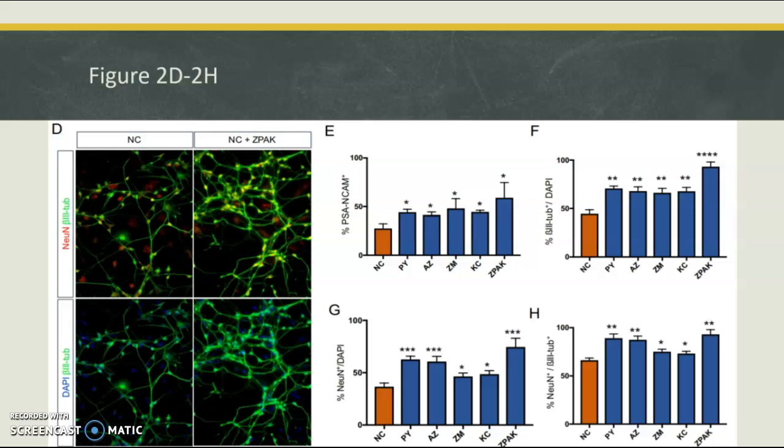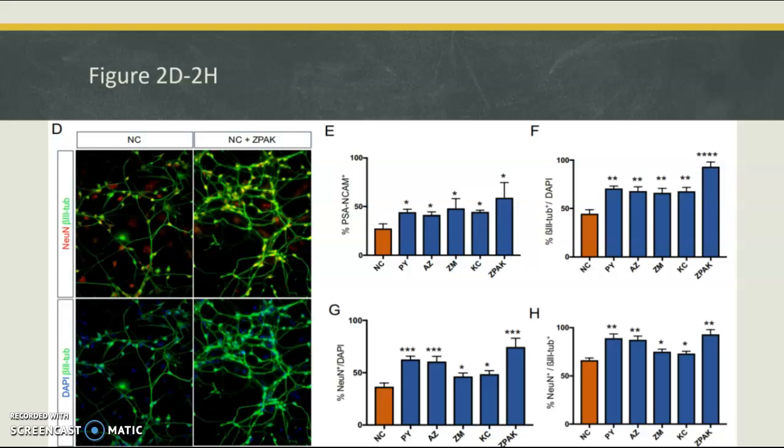Visually, you can see that there is higher expression of beta-3 and NEUN neuronal markers than that within the NC medium alone. This tells us that the Z-Pak combination increases direct reprogramming.